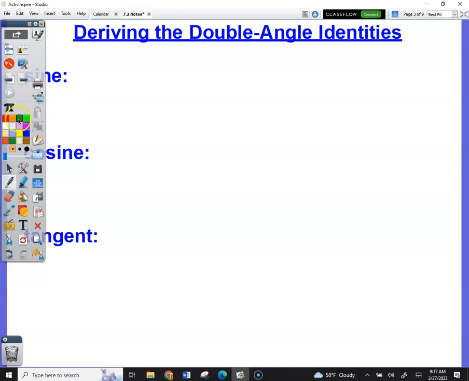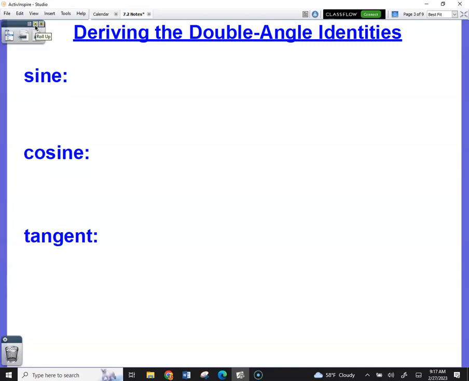All right. So first we're going to look at sine. We're going to copy the formula for the sine addition from 7-1 right next to it. So sine addition was u plus v, from 7-1, was sine u cosine v plus cosine u sine v.